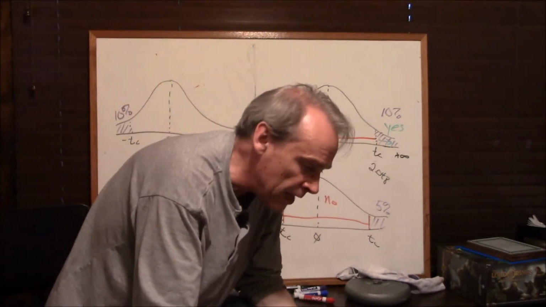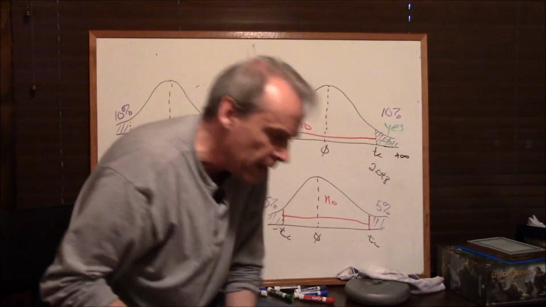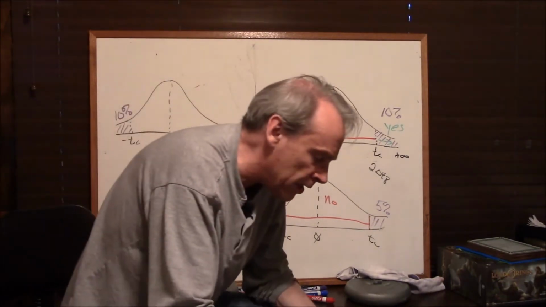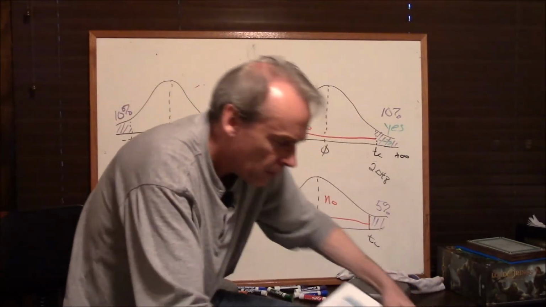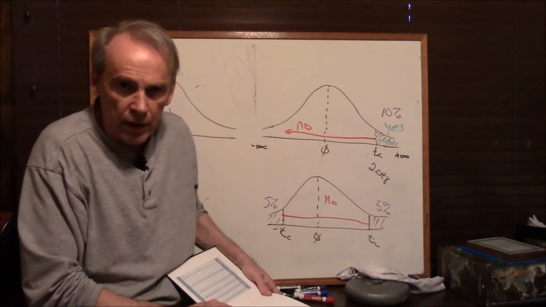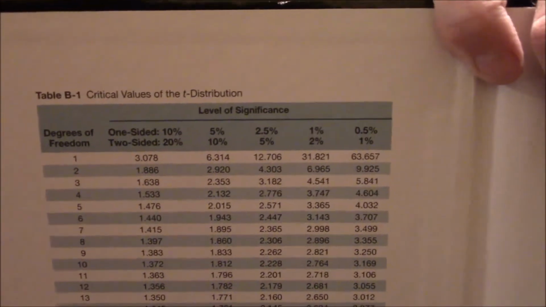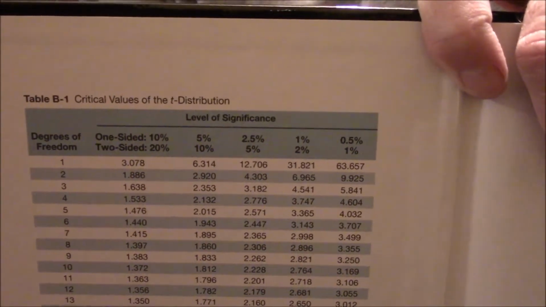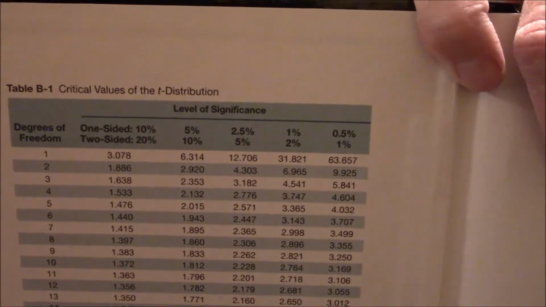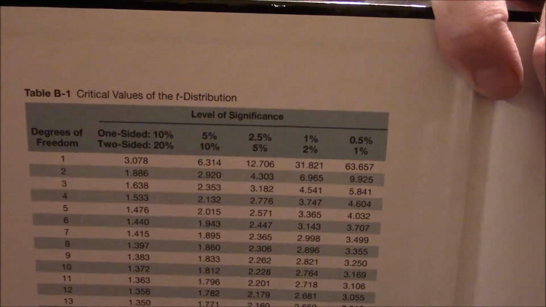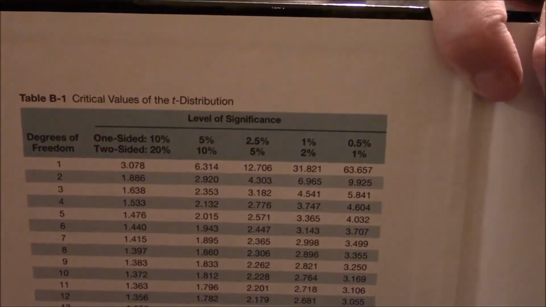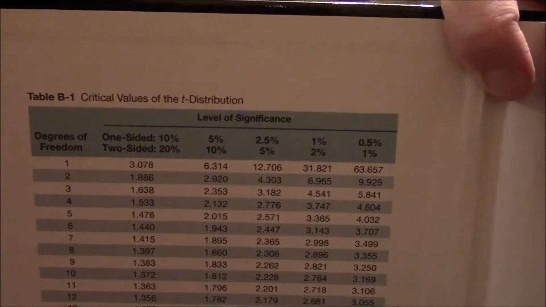All right, so let's actually conduct some t-tests here, and let me show you the table again. There are three things you want to get clear in your head on the table. First is, am I doing a one-sided or a two-sided test? As you can see there, the one-sided is across the top, right underneath the words level of significance. Two-sided after that.